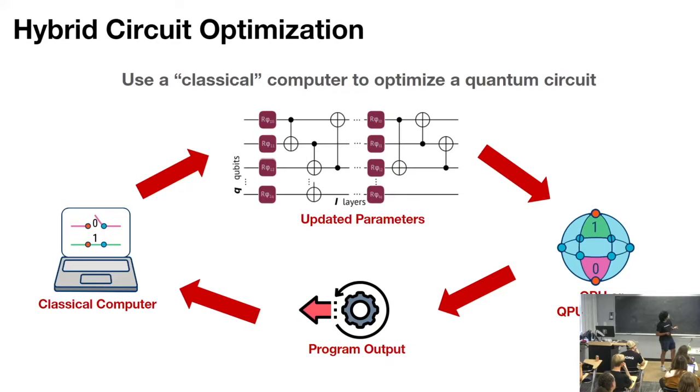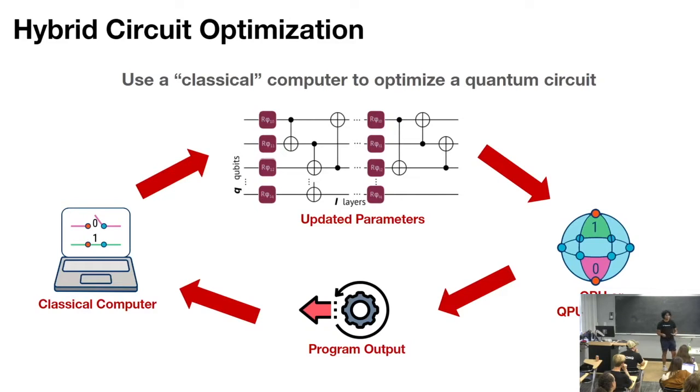One option to do so is through what we call a hybrid circuit optimization, where we have our classical, our normal computer, decide what angles gates should be on a circuit. We then run that circuit on a quantum computer or a quantum computing simulator. We look at the output and we ask, does the output of our quantum computer match what we want our output to be?